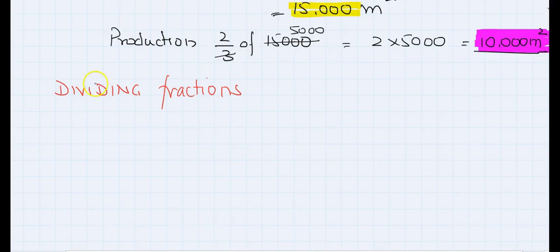Now before we know how to divide fractions, for example 2/3 divided by 2/6, we should know what a reciprocal is. Reciprocal means writing a fraction upside down.